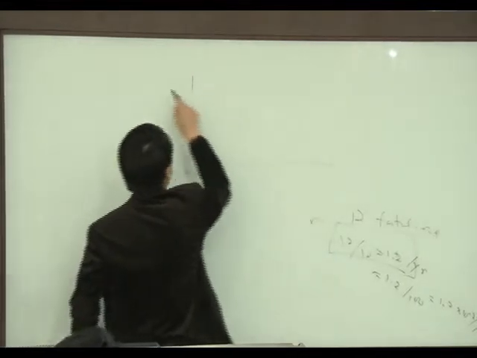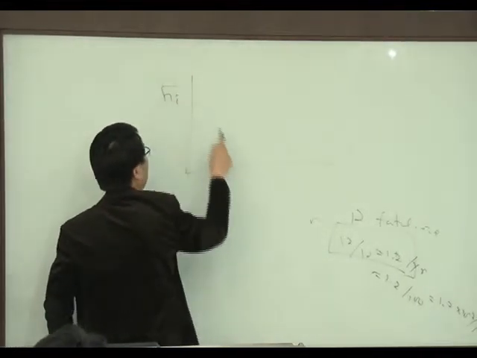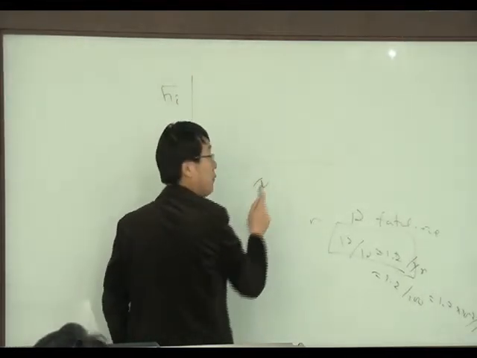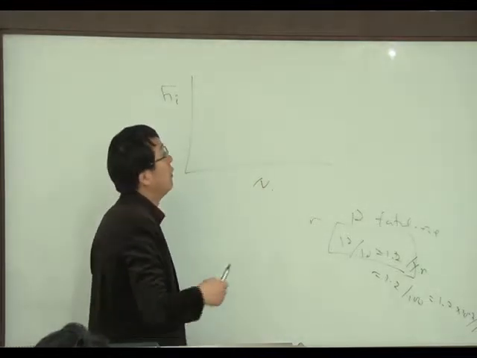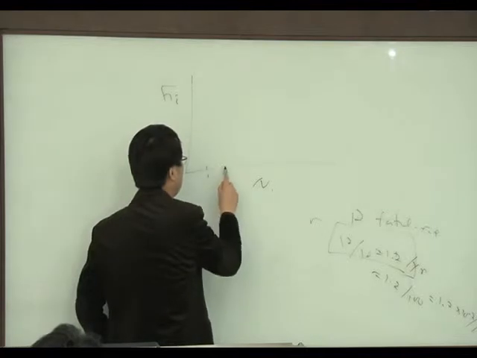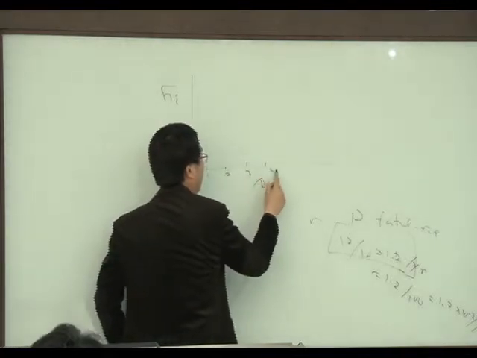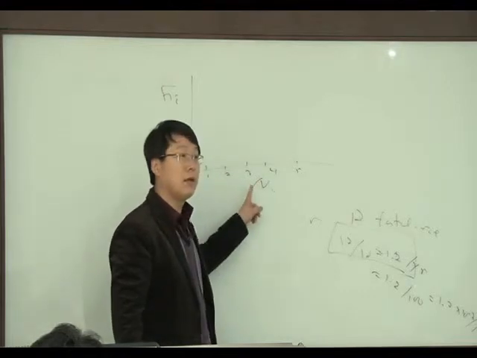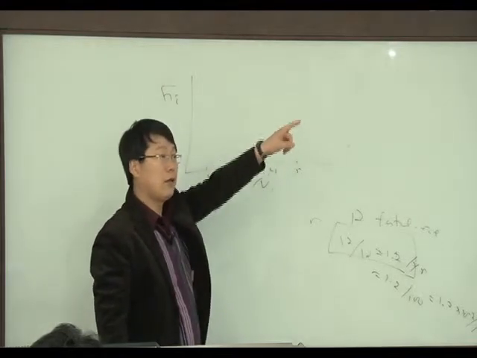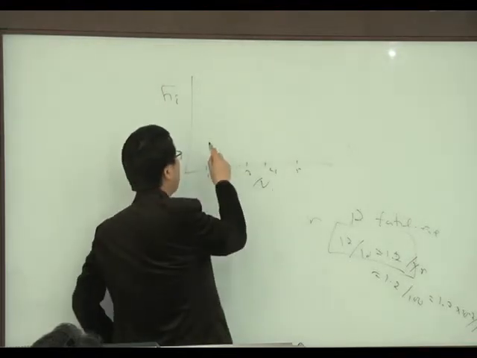This is F and this is N, the number of fatalities. Then there's 1, 2, 3, 4, 5 like this. This is the fatality, and we can have a graph like this.